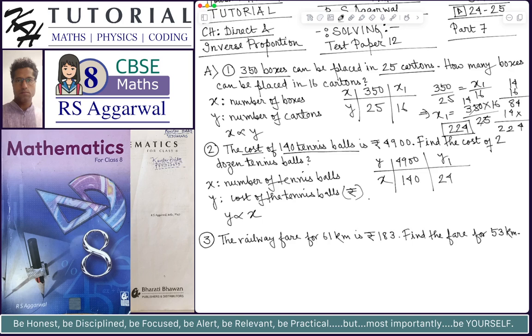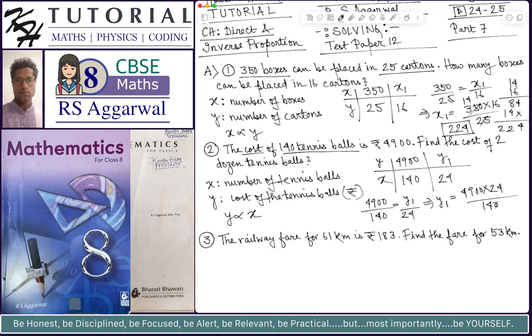So we must have 4900 divided by 140 equal to y1 divided by 24. So this implies y1 is equal to 4900 multiplied by 24 divided by 140.